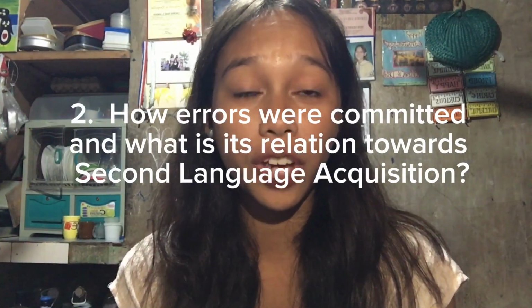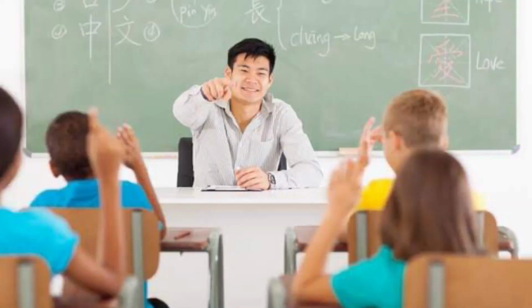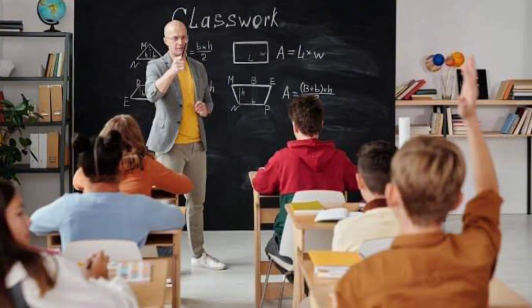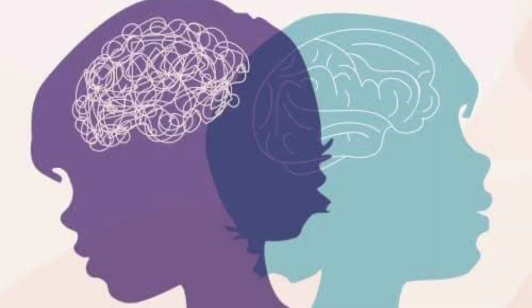Errors in second language acquisition are committed by learners during the process of learning a new language. These errors can be influenced by various factors, including the learner's native language, the target language, and the learner's individual language learning strategies. The relationship between errors and second language acquisition is complex. Errors can provide insights into the learner's interlanguage, which refers to the mental grammar system developed by second language learners.